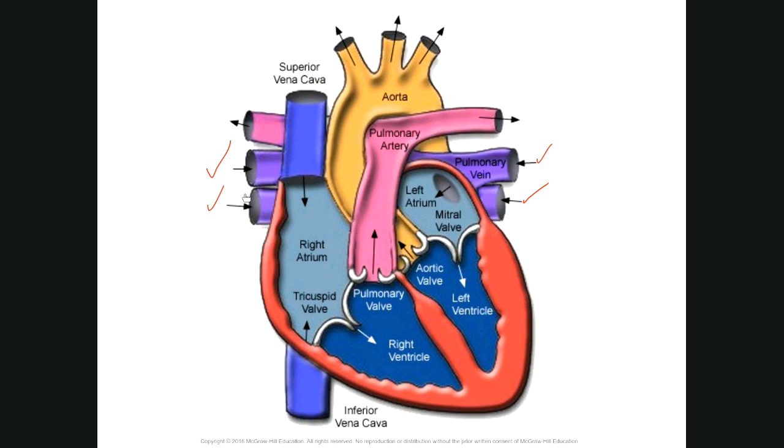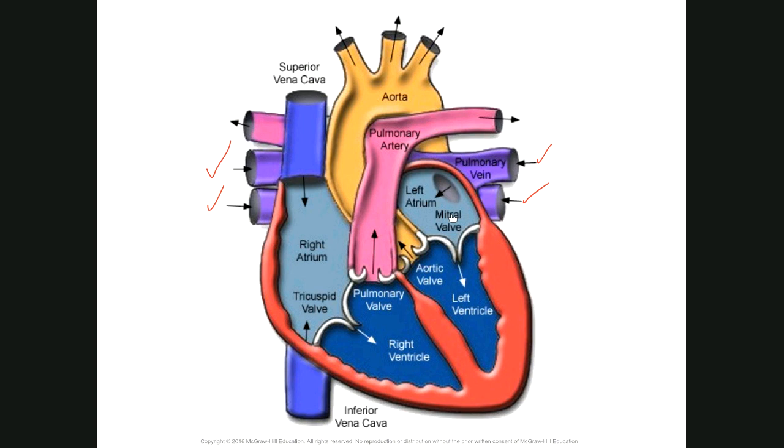On the other side, you can see the left superior and left inferior pulmonary veins. Both of them carry oxygenated blood and bring this blood to the left atrium of the heart, because you know that the left side should work with oxygenated blood.